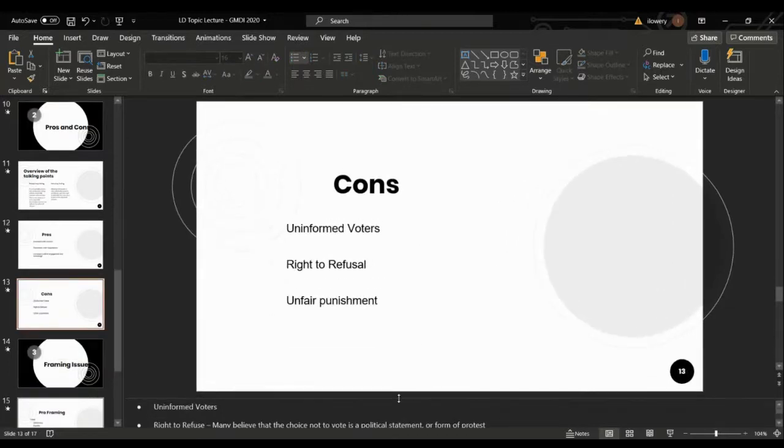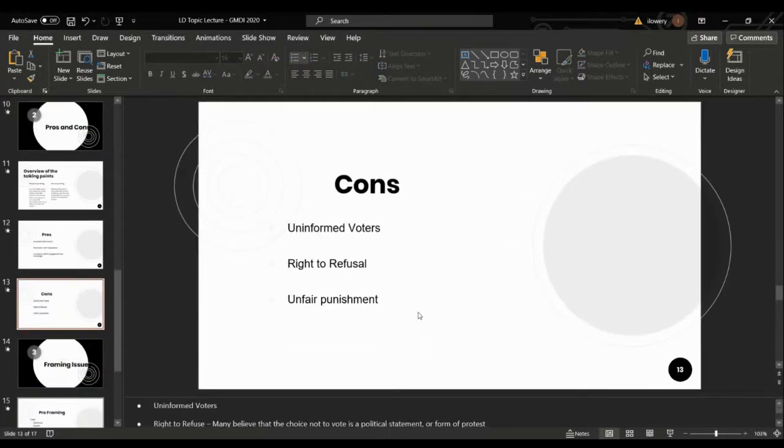All right, so on the con, a lot of people argue that compulsory voting would lead to an influx of uninformed voters. So on the opposite side, they argue that that could lead to net negative political outcomes by mandating that everyone engage in the political process. The right to refusal, that's sort of a reiteration of the arguments I made under the talking points, that some people believe that they should have the right to refuse to engage in the process as a form of protest to the process that sends a legitimate signal.